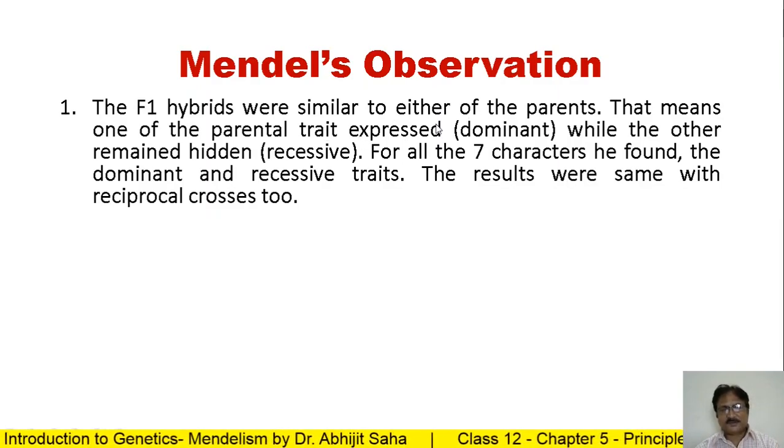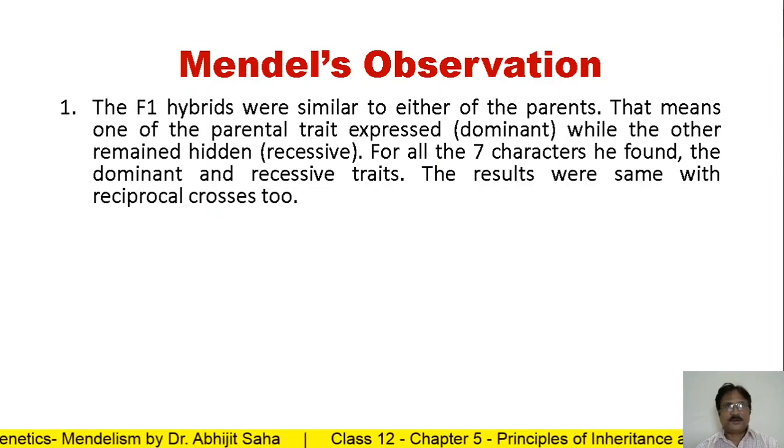Whatever is expressed in the F1, he considered to be a dominant trait. And the one which is hidden is recessive. In this case, if the F1 had been dwarf, then dwarf would have been a dominant trait. But it was not so. He found 100% tall plants. So he considered tall as a dominant trait.